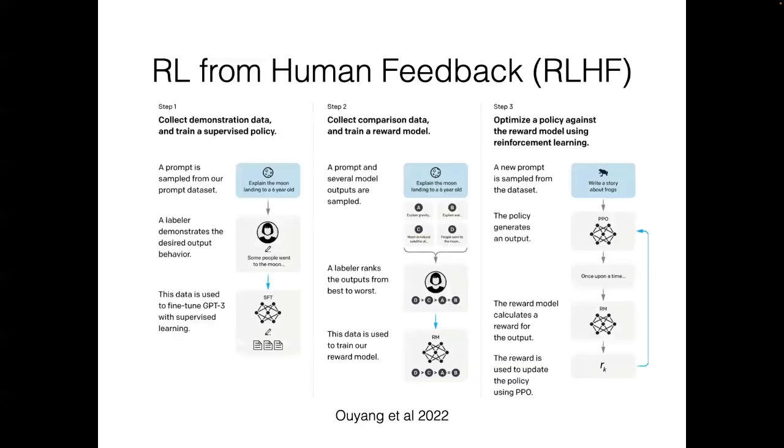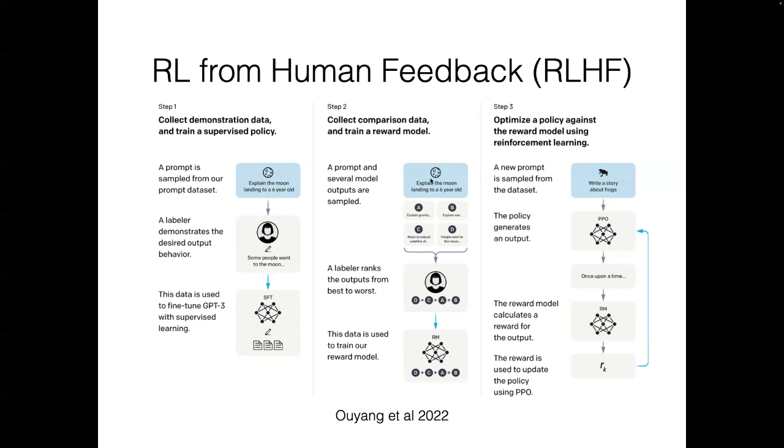So if you want to see it visually, this is from one of the OpenAI papers. Again, you have the three steps. You collect this supervised data for supervised fine-tuning. Specifically, they have some prompt, and they have a human labeler actually write one or more responses, and then you could build up a data set in this way.